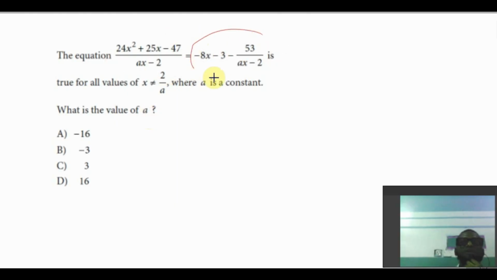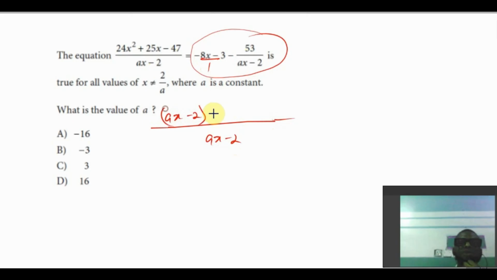Now this expression, if I group it into one fraction, I will find the LCM. This over 1. The LCM here remains ax minus 2. So therefore, I will cross multiply, which is ax minus 2 into 8x minus 3, then minus 53, because 1 times 53 is 53.